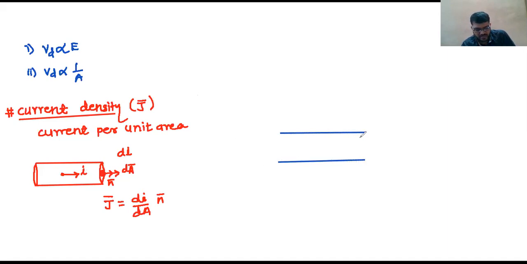If I draw one perpendicular to this area element, you can see this is the perpendicular to the area element. Keep it in mind always. This is a very, very important thing.